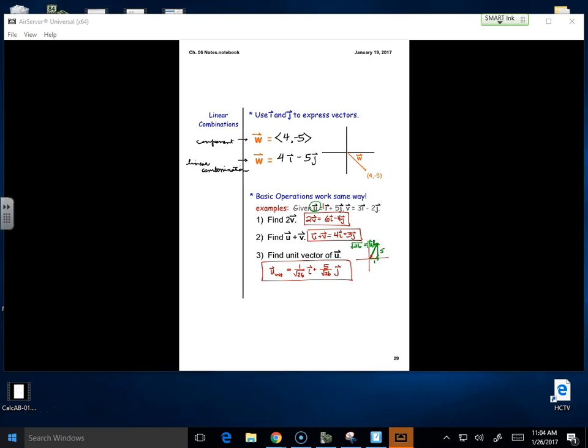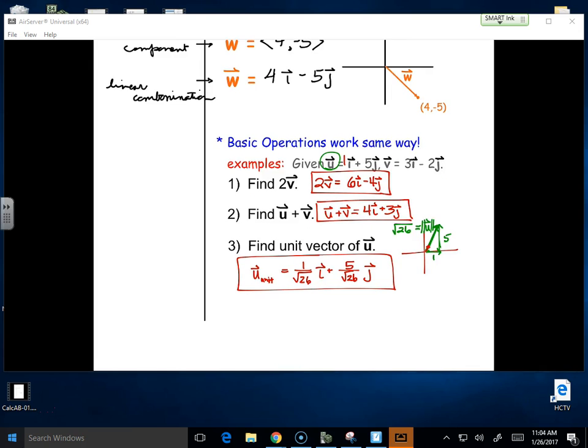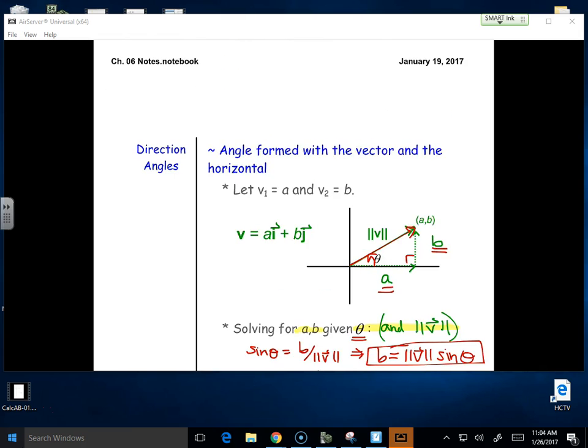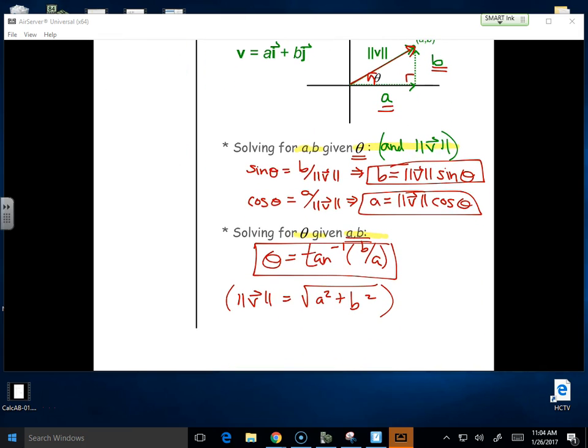It's a whole lot easier to add when it's in components, right? Than to do all that geometry I just wrote. But we can't add with components until we get the components. And how do we get the components? From the formulas. Does that make sense?